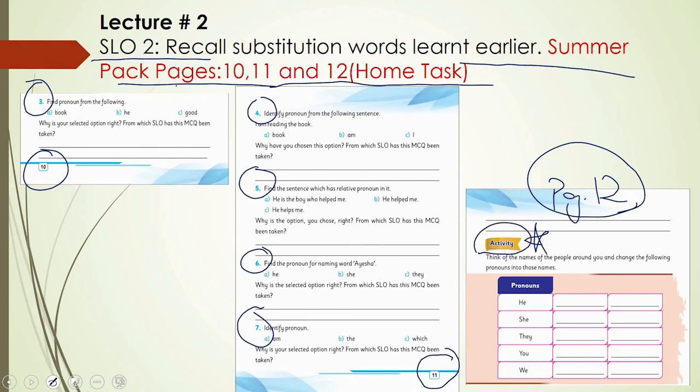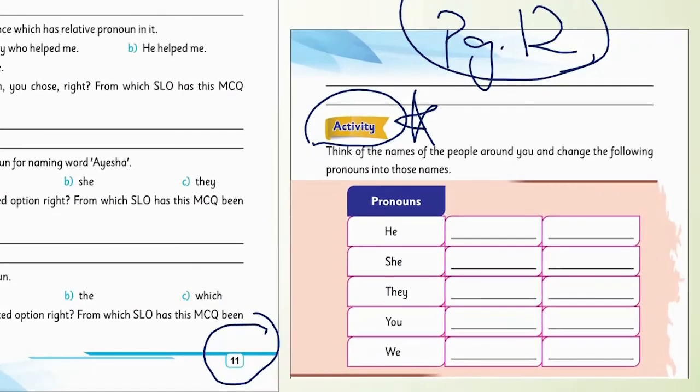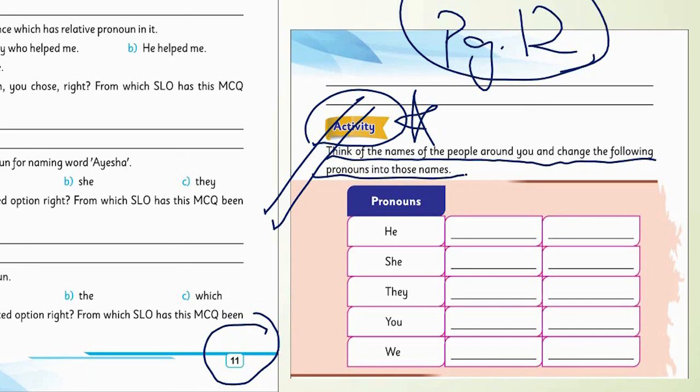You have to read the questions, select the answer from the given options. Then you will be performing the activity which says think of the names of the people around you and change the following pronouns into those names. He. There might be a he around you, so you have to write their names here.